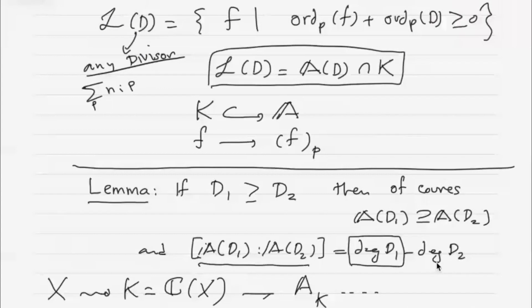Because remember, I'm trying to prove the Riemann-Roch theorem, so I'm getting a little bit far away from Riemann-Roch by telling you all these abstract things. But A of D is really related to L of D by this intersection.